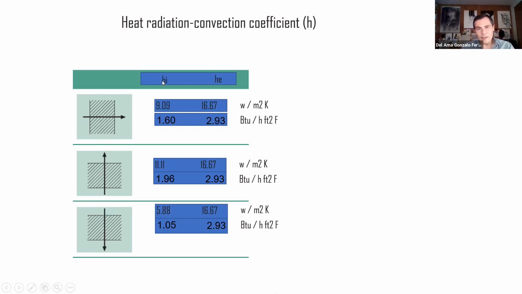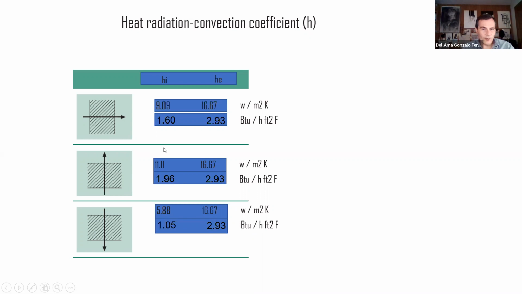So we have to apply these coefficients. If we have a wall, we have to apply these two values: 1.6 for the interior coefficient, 2.93 for the exterior or outdoor coefficient. If this is a roof, we have 1.96, 2.93. This is always the same, it's always 2.93.